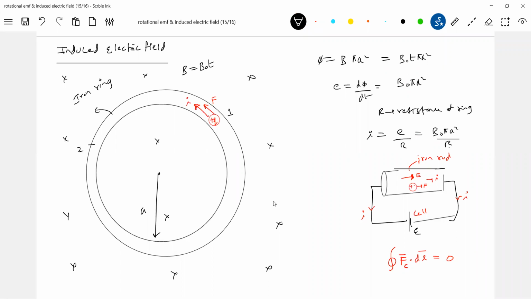It has reached 2, 3, 4, and finally it reached 1. And look at this force. Work done in a closed path should be zero, no? By a conservative force. If the work done by a conservative force in a closed path is zero, then who is responsible for that particular heat generated?